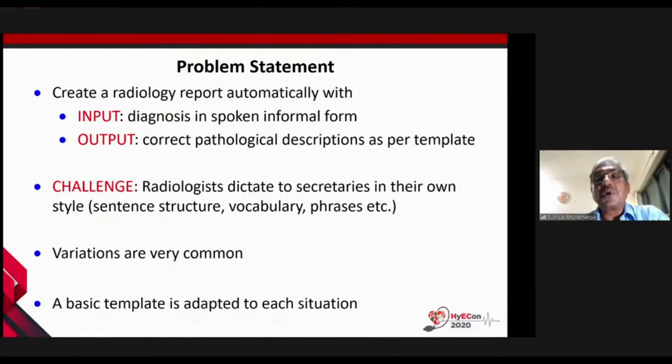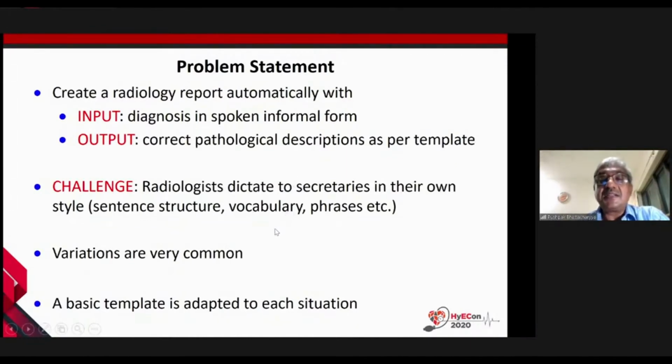The spoken form could be informal because this kind of statement has been made so many times that filling in further details is almost a routine task. So this is what we exploit and make use of data and machine learning to fill in the details, fill in the gaps, you can say, to output a pathological description.